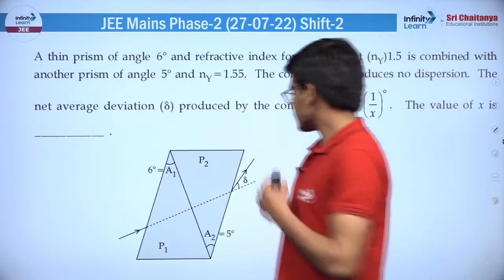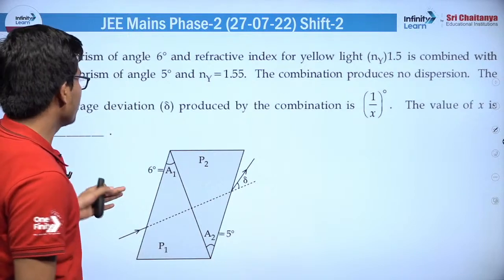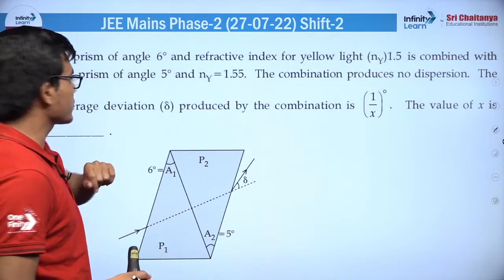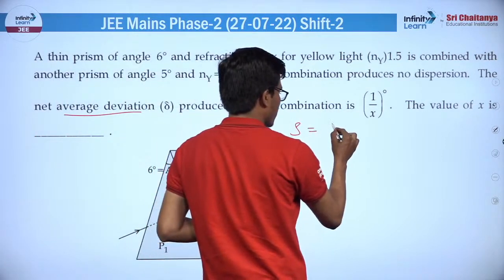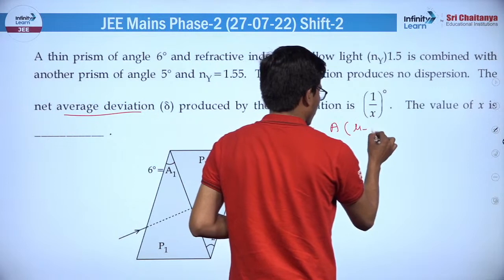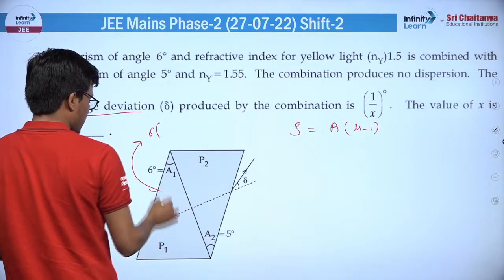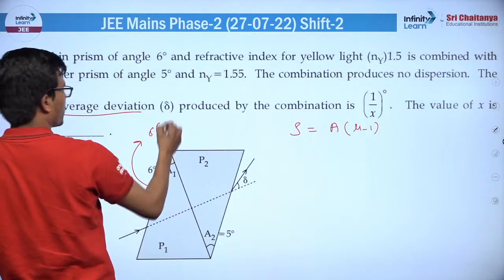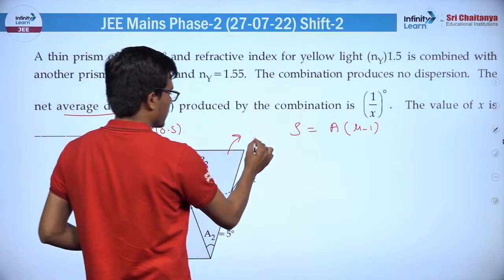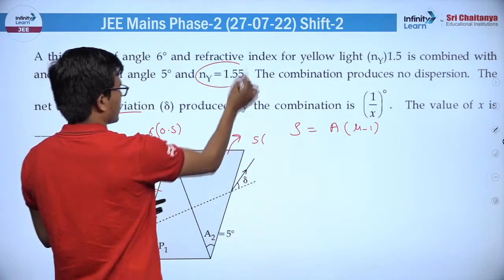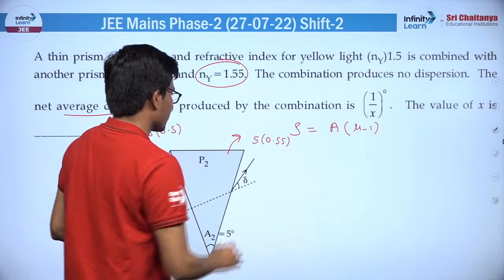Moving ahead. So this is a question from combination of prisms. So the combination produces no dispersion and you have to find the net average deviation. Deviation by a prism is given by A into mu minus 1. So for this prism, deviation is 6 and its mu is given to you as 1.5, so 0.5, and for this prism deviation is A into mu minus 1, its mu is 1.55, minus 1 will be this, right?